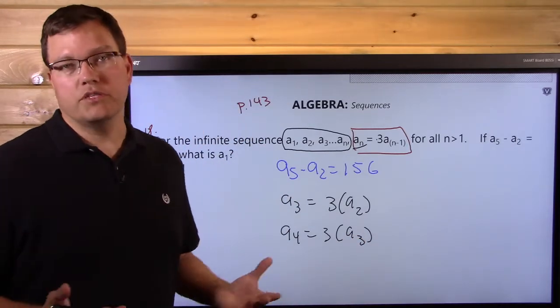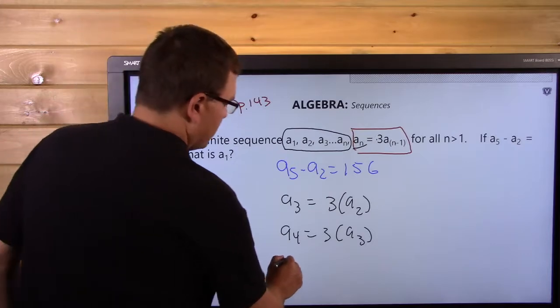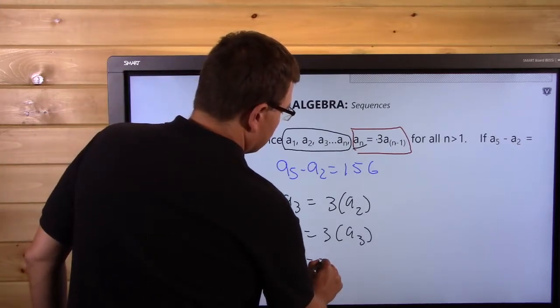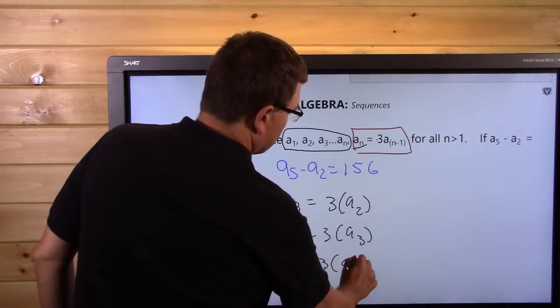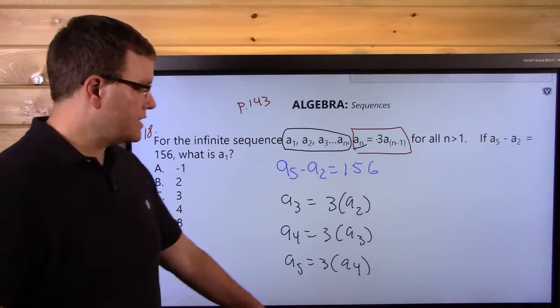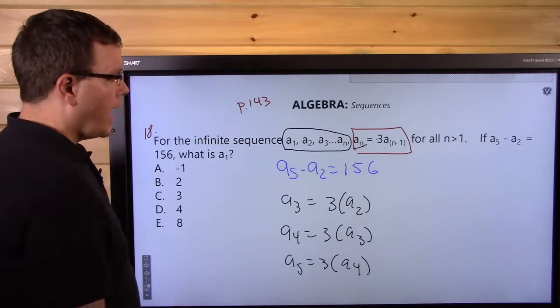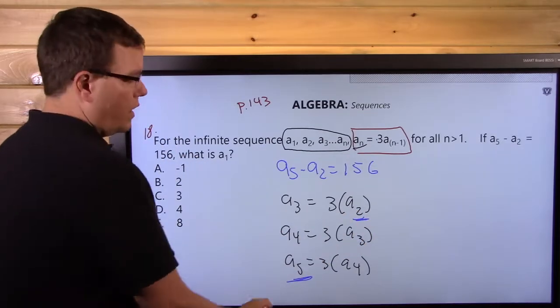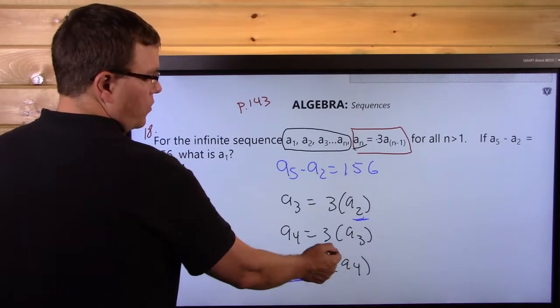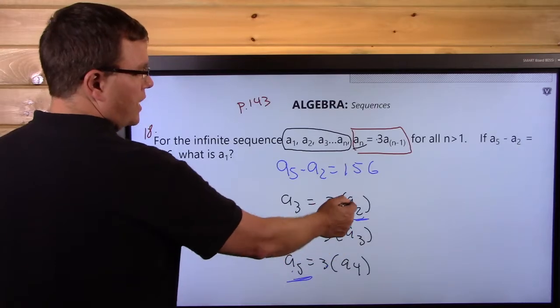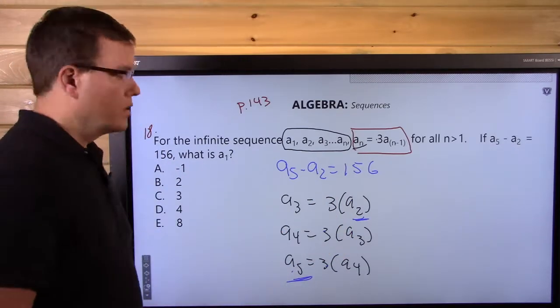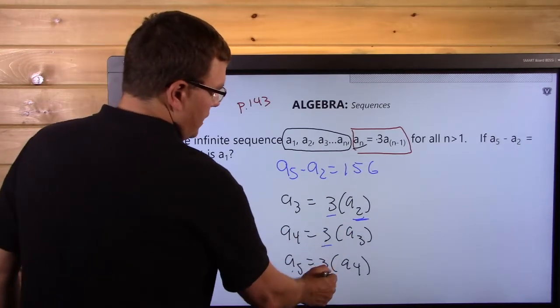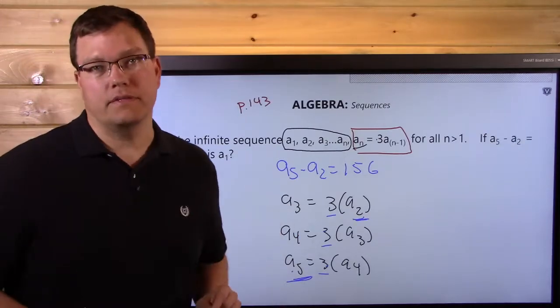Each subsequent term is 3 times as big. A sub 5 is equal to 3 times a sub 4. So do you guys see what we have here? How does a sub 5 relate to a sub 2? Well, it's 3 times a sub 4, 3 times a sub 3, 3 times a sub 2. So 3 times 3 times 3 is 27.